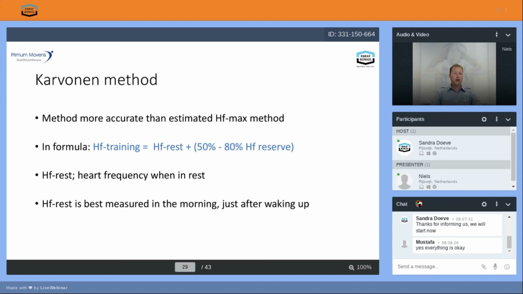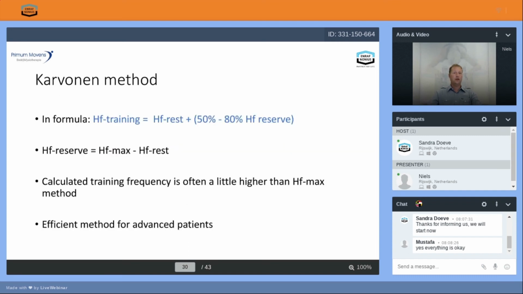But in the formula you have this heart rate rest value, and you add 50 to 80% of the reserve heart rate, and the reserve heart rate is your maximum heart rate minus your rest heart rate.